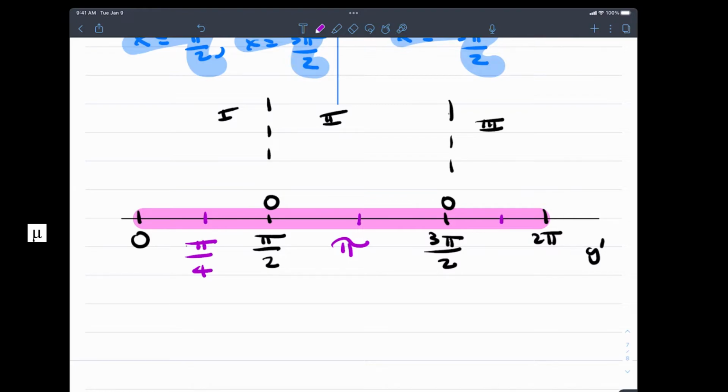Anybody know? What's 5 pi over 4? I don't think that works. What's 7 pi over 4? 7 times 45, what is that? 315? I think that works. So these are all my test points.